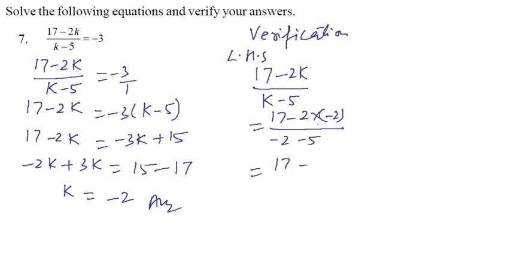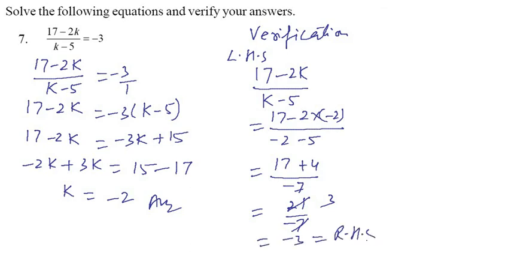It is 17 minus minus, plus 2 twos are 4, and here is minus 7. So what will happen? It is 21, and here is minus 7. So 7 threes are 21. So it becomes minus 3, and that is the right hand side of the equation, hence verified.